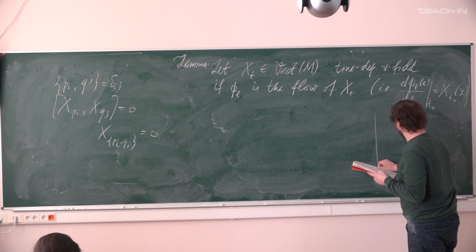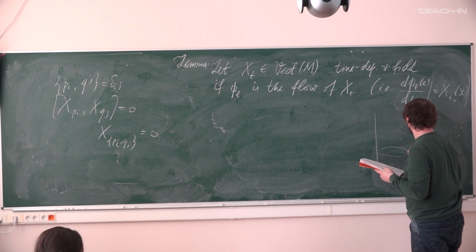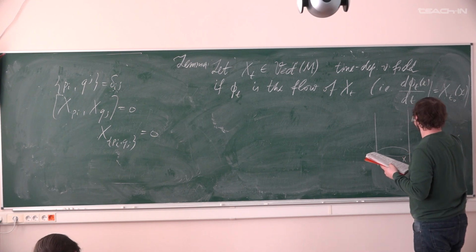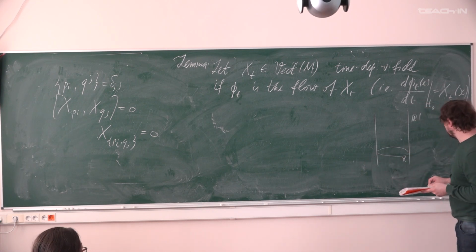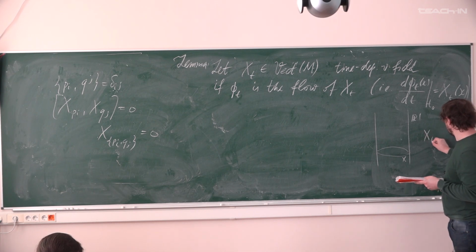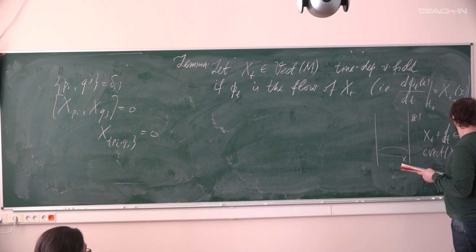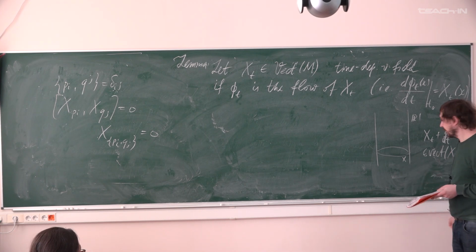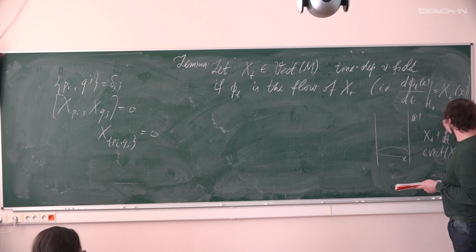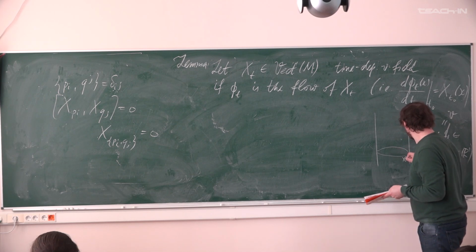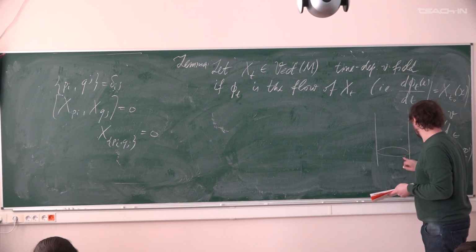You consider the product of X and the real line, and then consider the usual vector field X_t plus d/dt.